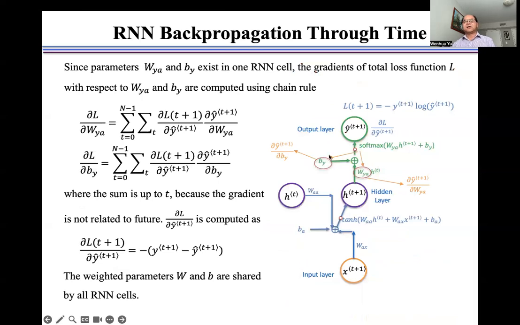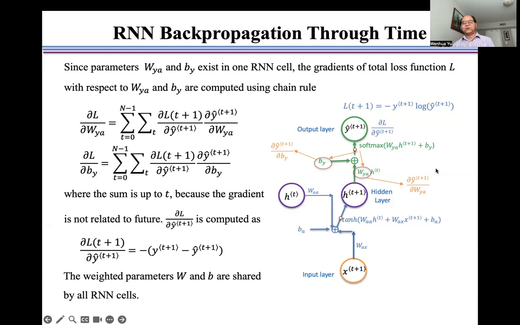First, let's see how we calculate the gradient of the loss function error with respect to this WYA. Use the chain rule. First, we calculate the gradient of this error with respect to y hat, and then we calculate the gradient of y hat with respect to WYA. Then we need to backpropagate this gradient from the current state to the beginning.